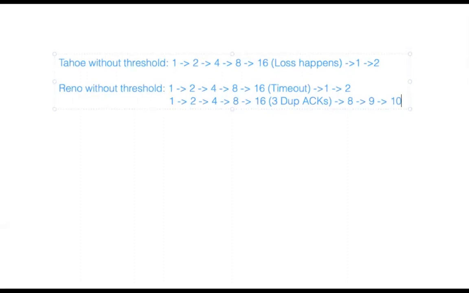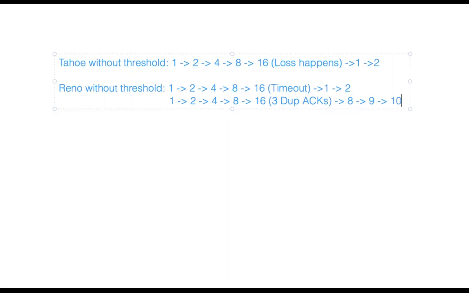But if you get 3 duplicate ACKs, it probably means that it may not be a loss, maybe it's just a long delay. A long delay means that your router in the network may still have space, but it's almost full. That's why it will not cut back to 1, it will cut back to half the size. But it will test linearly, increasing a little bit, retreating a little bit, not retreating totally.